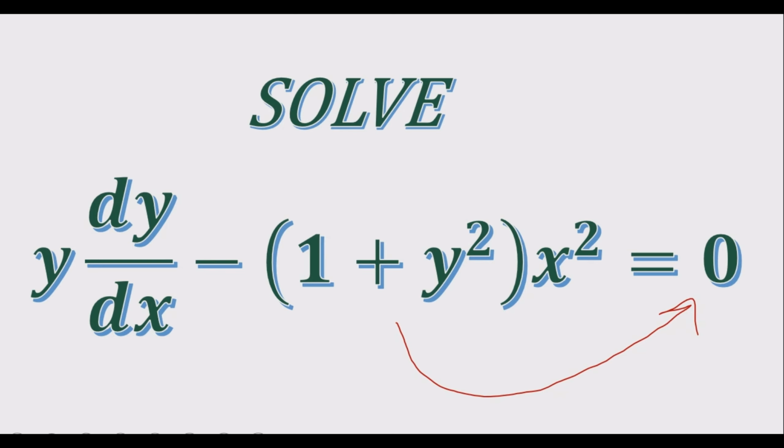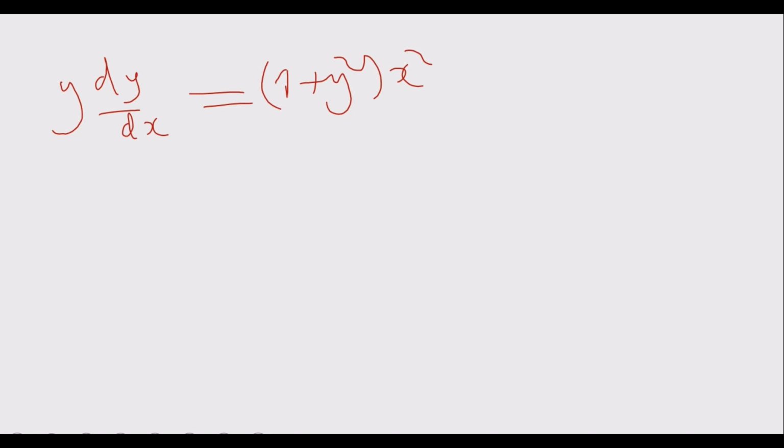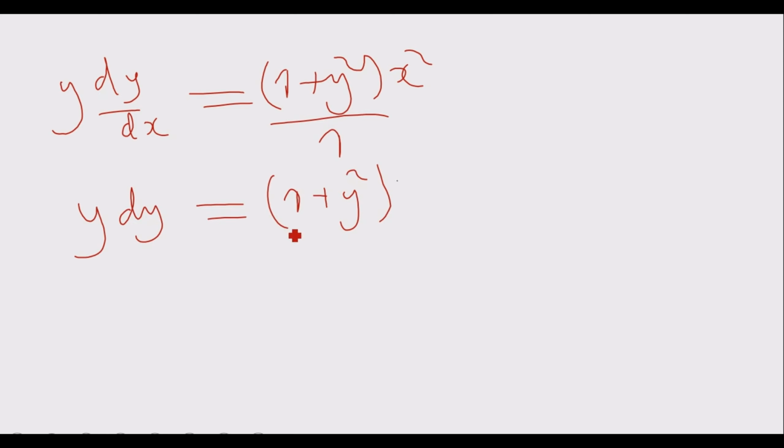So what we do, the first step, is let us take this expression to the right hand side. Once we do that, we end up with y dy/dx equals (1 plus y squared) times x squared. Then the next step is to cross multiply. So we have y dy equals (1 plus y squared) times x squared dx.